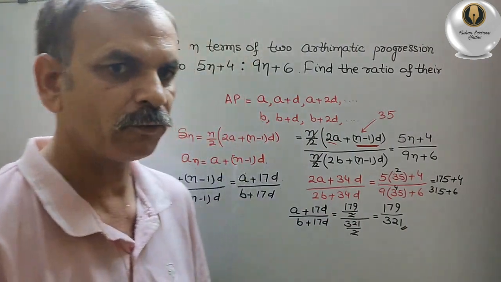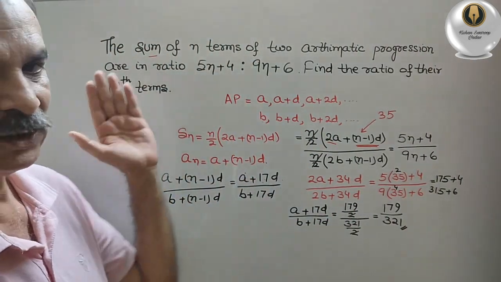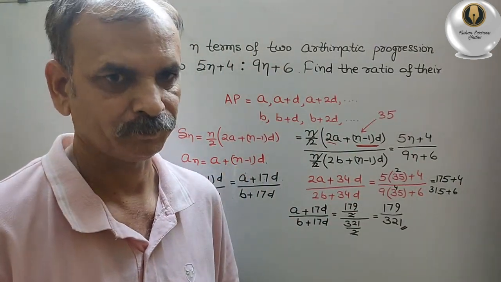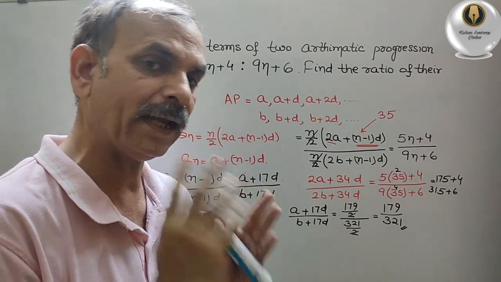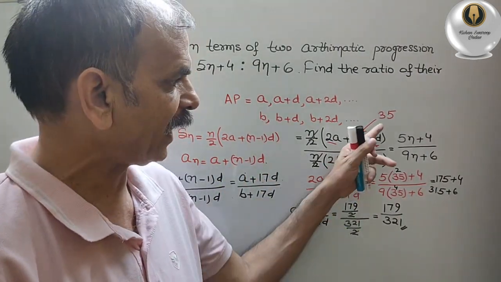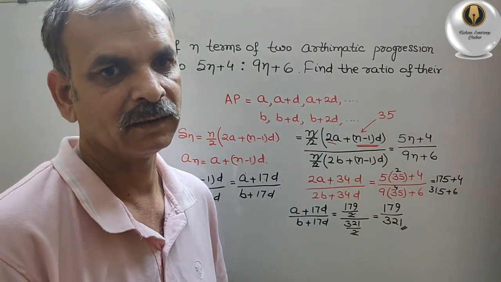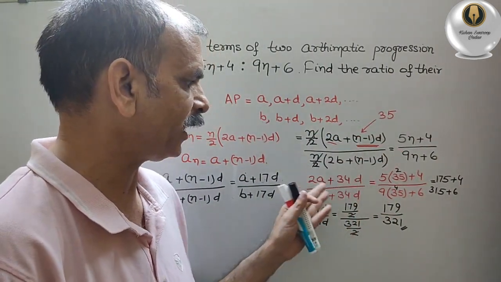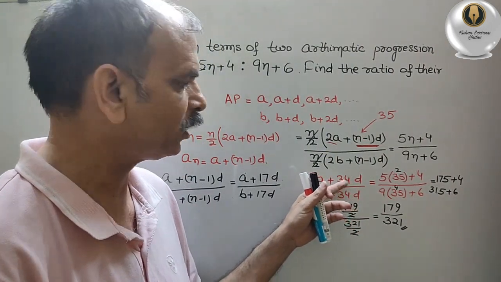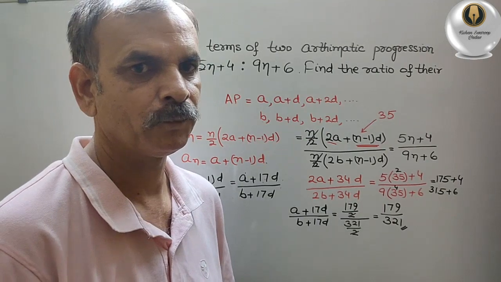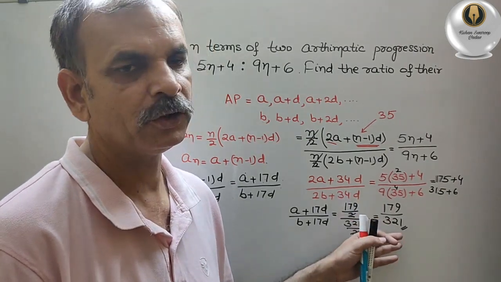Or otherwise, 18 into 2 is 36, 36 minus 1 is 35. Remember, either way is correct. This n should be the perfect one. Here we got 35. Then only, if you divide by 2, you will get 34 divided by 2, that is 17. Simple. So this is your ratio, what they want.